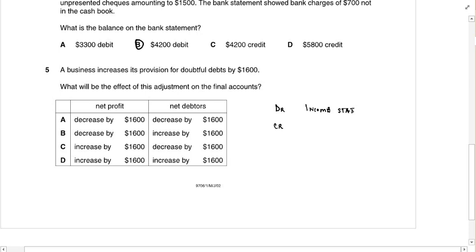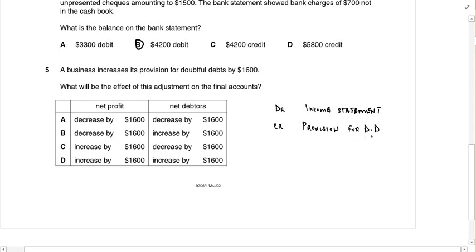We debit our income statement, or else the profit and loss, and we credit our provision for doubtful debts. So debiting income statement would mean that we are decreasing profit.